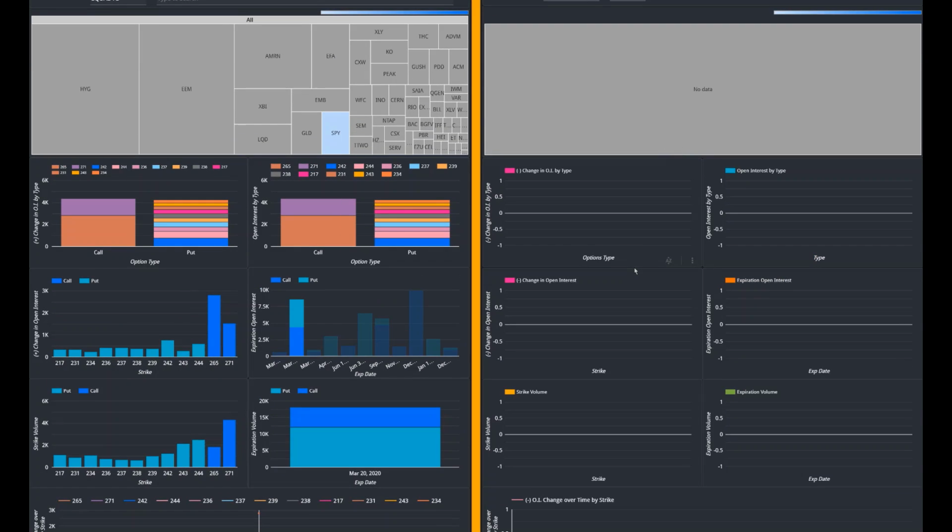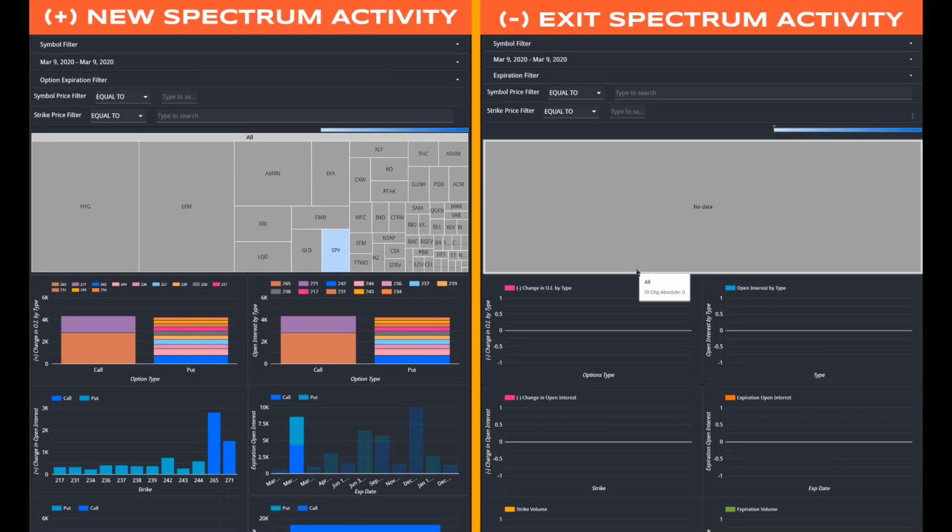So with that, in the summary, we talked about the spectrum activity on the EEM symbol and the SPY symbol. Today, for March 9th, 2020, we only saw new spectrum activity for the most part for the EEM and SPY. And we also see there's nothing here.